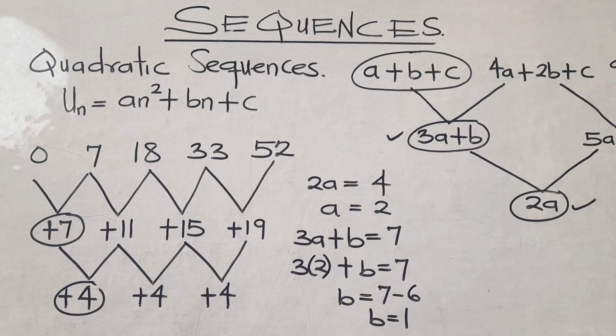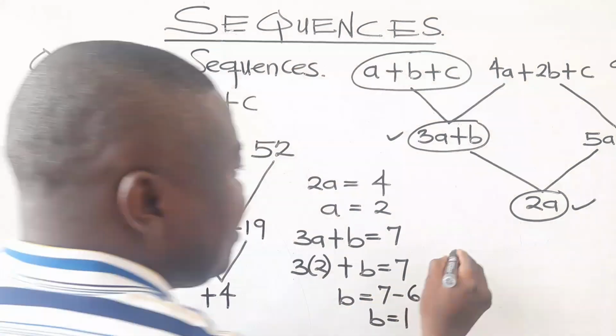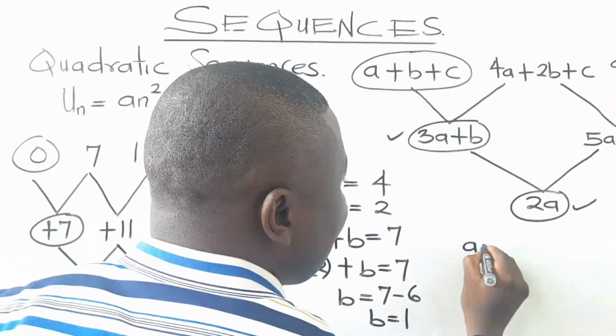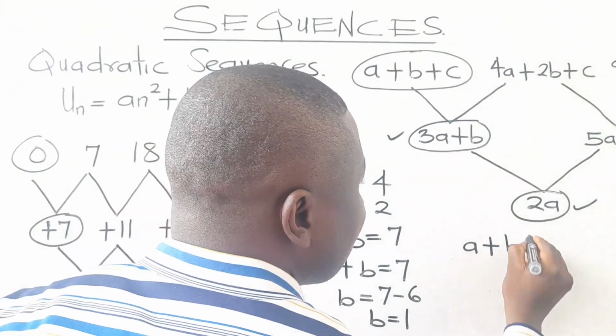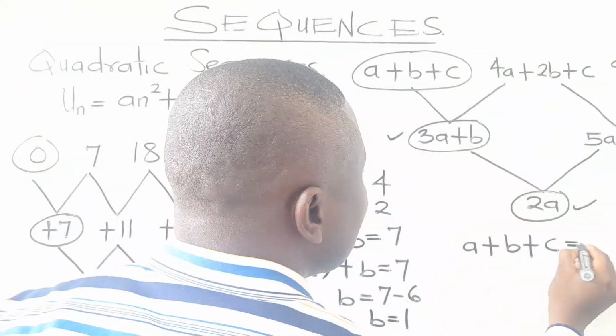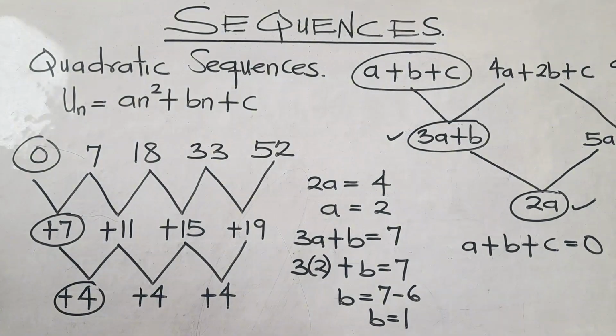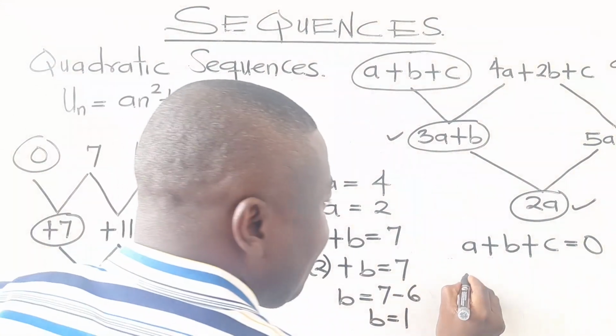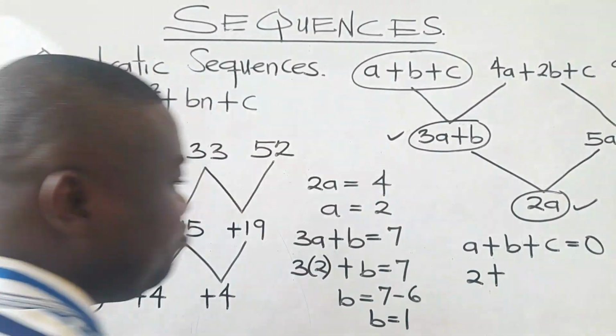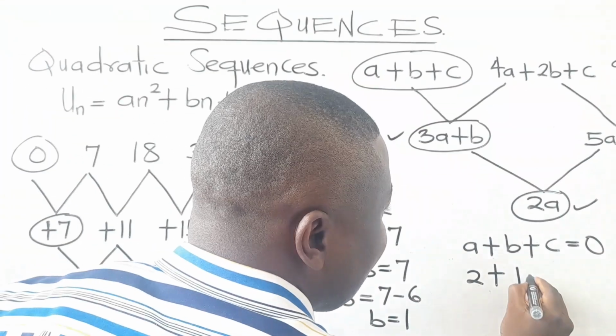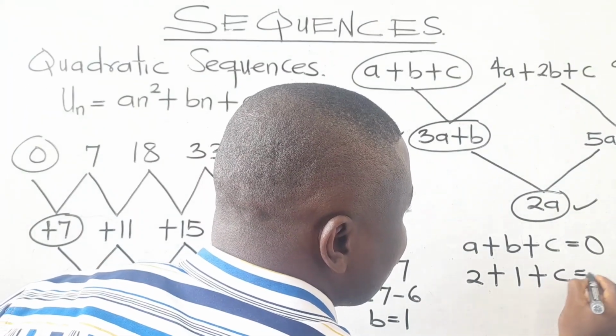Now let's get the value of c. The value of c will be from the first one, first term is 0. It means that a plus b plus c equals 0. Now we have a to be 2 plus b as 1 plus c equals 0.